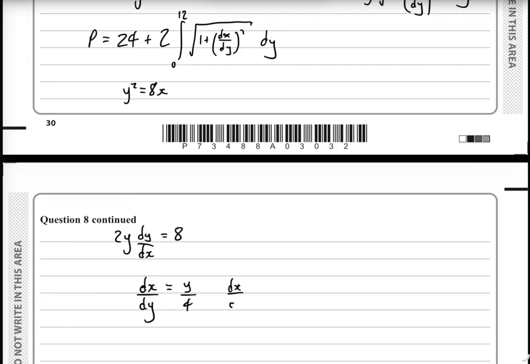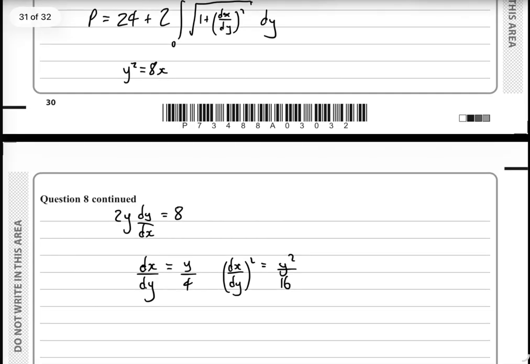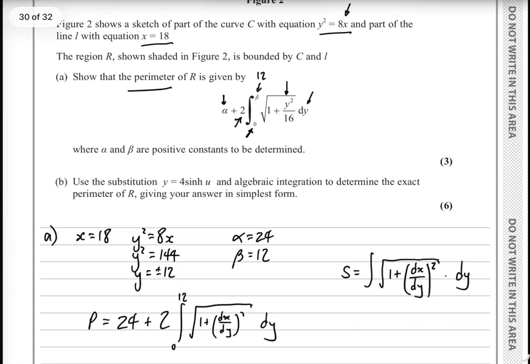Therefore dx by dy squared is y squared over 16. Drop that into what we've got at the very top of the screen there, and that should give us what we need. Square root 1 plus y squared over 16 dy. Does that match now? Yes.